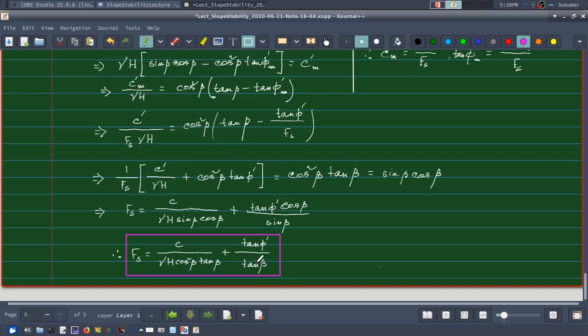So when factor of safety is 1, then tan beta becomes equal to tan phi, and that means the dry infinite slope will be stable as long as beta is less than phi.